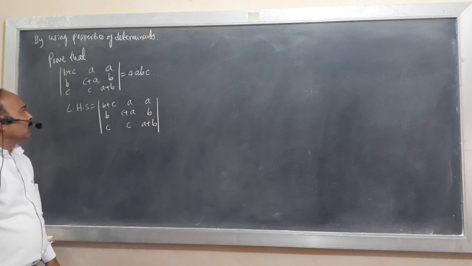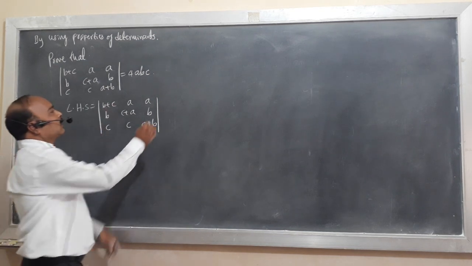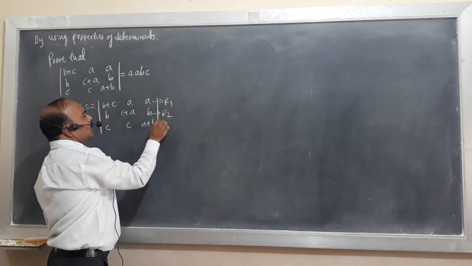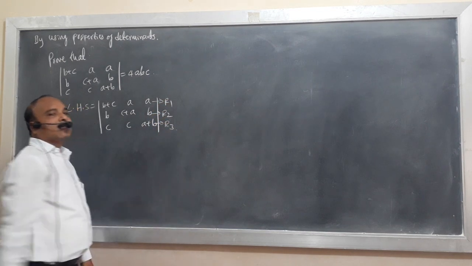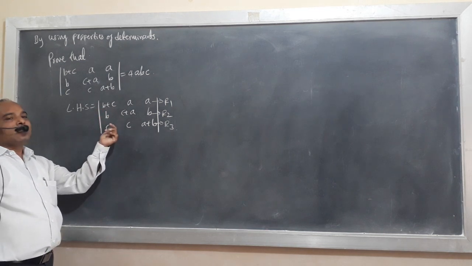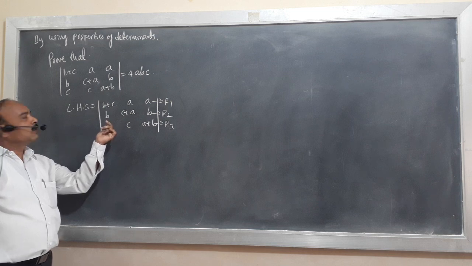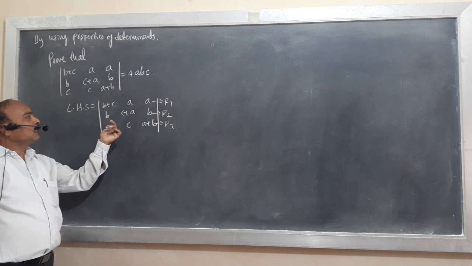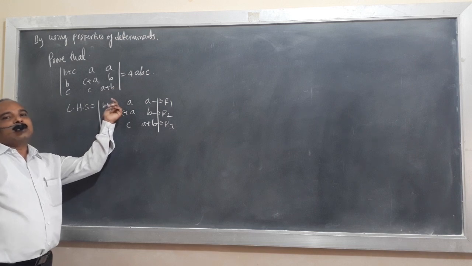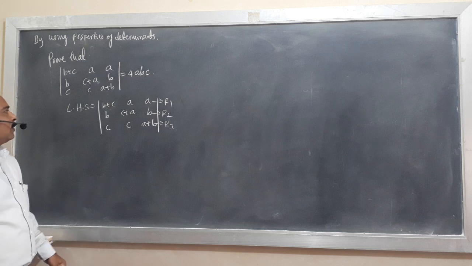You observe that b plus c is present in the first row, and in R2 and R3 we have b and c. If we add b with c we get b plus c. Then if you subtract this b plus c from that b plus c, we get 0. This is the transformation we take for making 0 in this example.